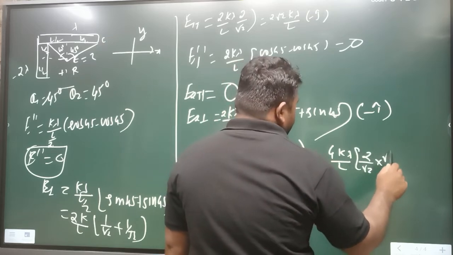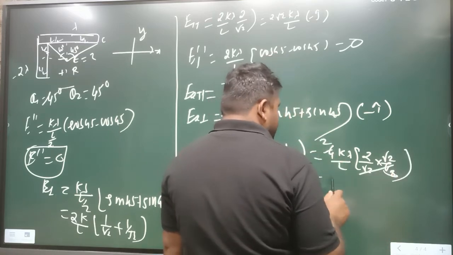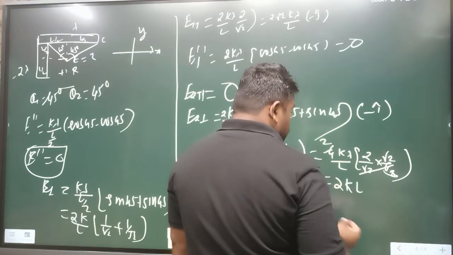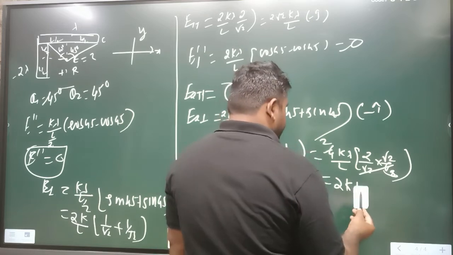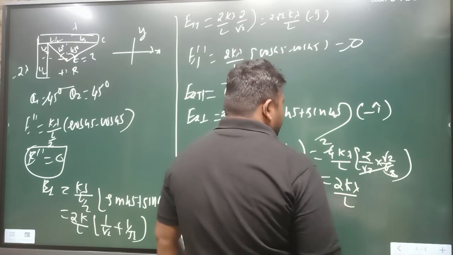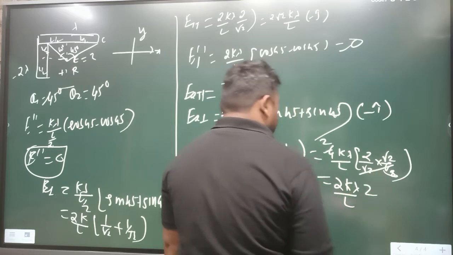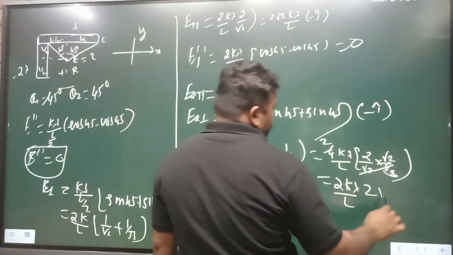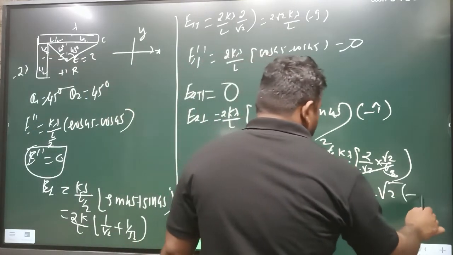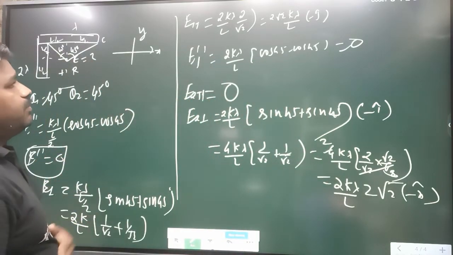Multiplying and dividing by root 2, the root 2 terms cancel. So this is 2k lambda upon L, and 2 root 2 remains. Direction: minus x cap. Now addition of all components. First component perpendicular.